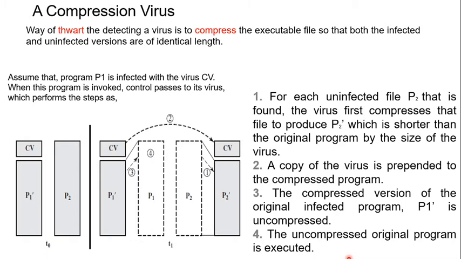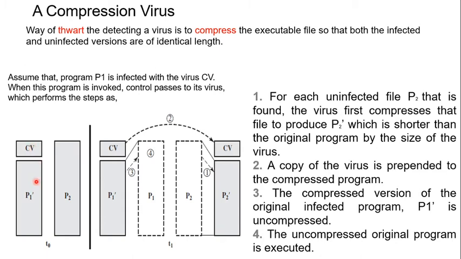And suppose there is a simple virus whose code size is 2 KB. Again and again I am saying that if any process or program is affected, it means the virus code is attached to it.